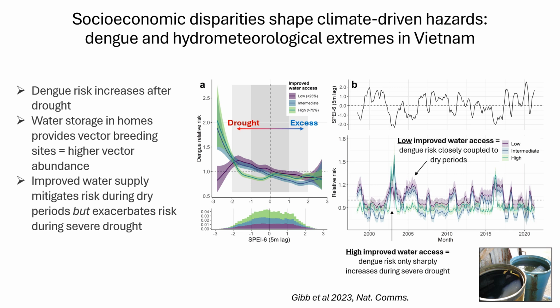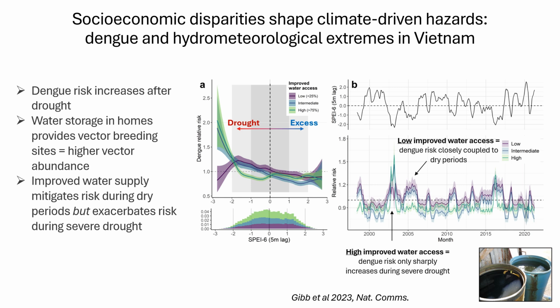Households that had high access to improved water supply, so from the piped water network or from drilled wells, actually had a reduced risk of dengue during drought periods compared to households that had low to intermediate access to improved water. And this is likely because they weren't needing to store as much water at home.